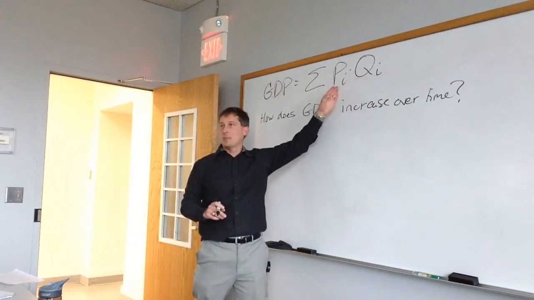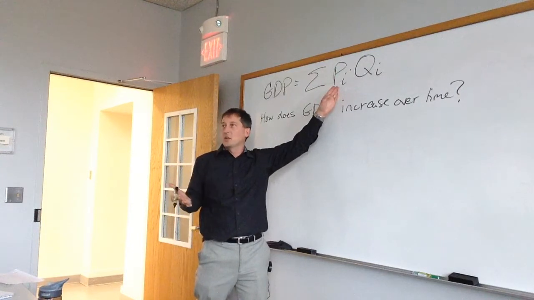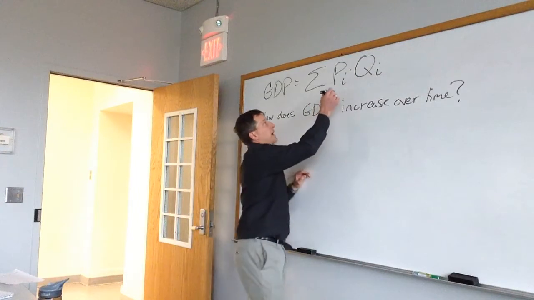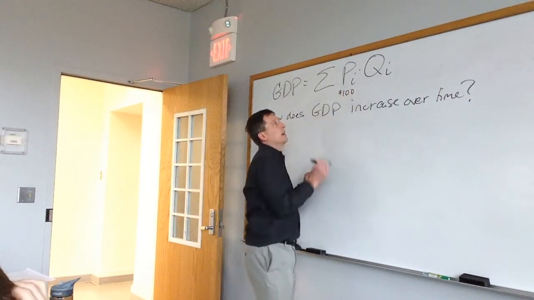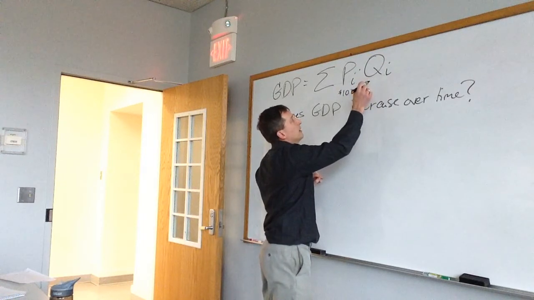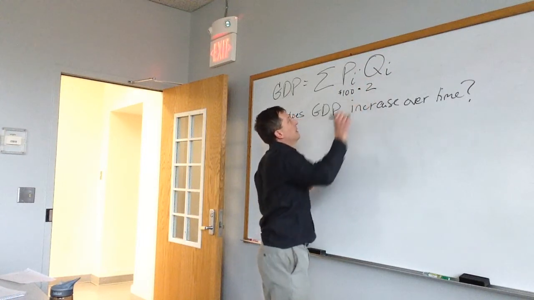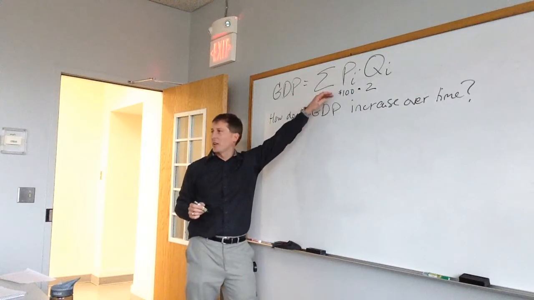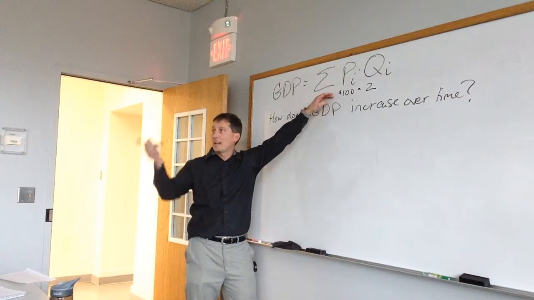If this goes up, that doesn't necessarily do anything for us. So if the average price of things is $100, and I have two $100 items. Give me a $100 item. A bike, some shoes.